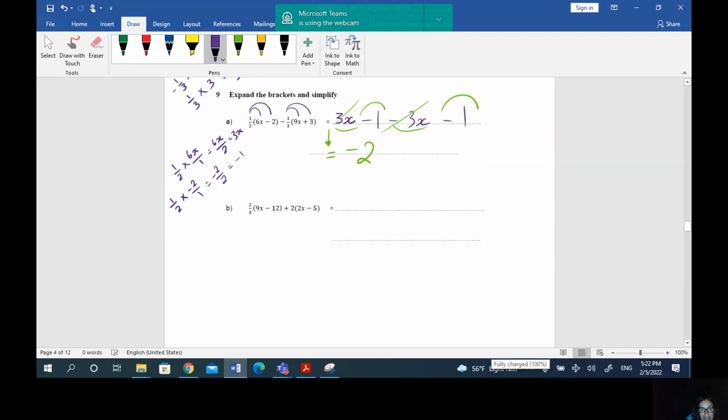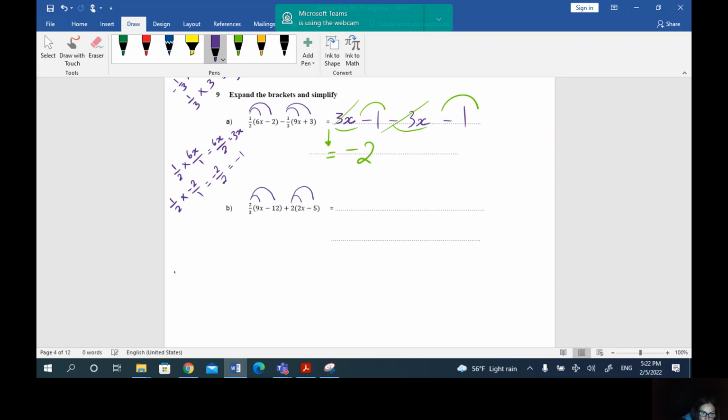Let's do the exact same thing here. 2 over 3 multiplied by 9x first. We're going to expand the 2 over 3 into the first bracket, and then 2 over 3 times negative 12, 2 times 2x and 2 times negative 5. Let's do that.